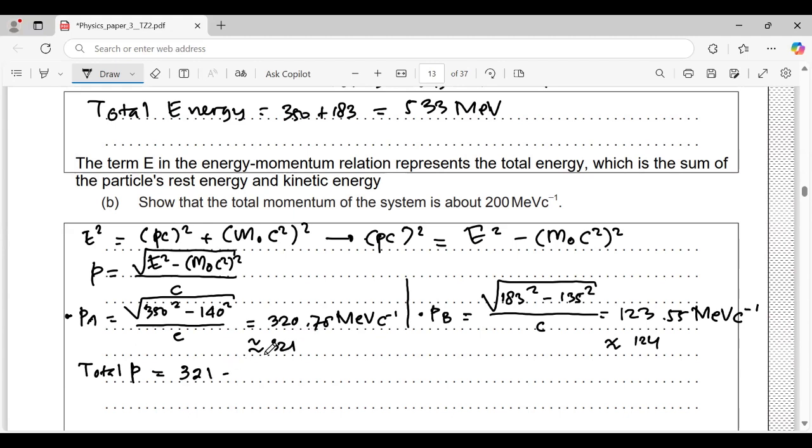So 321 minus 124 is equal to 197 mega electron volt per C, or rounded off becomes 200 according to this statement.